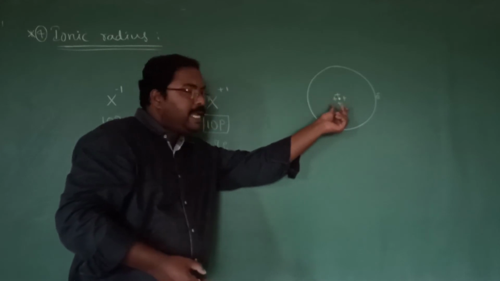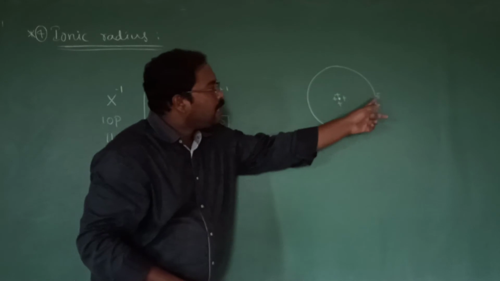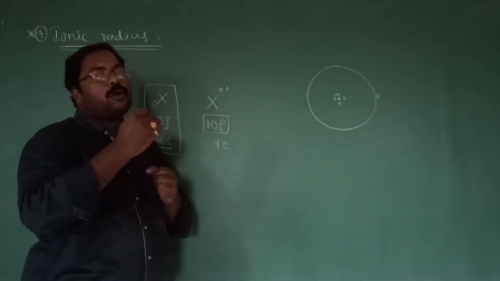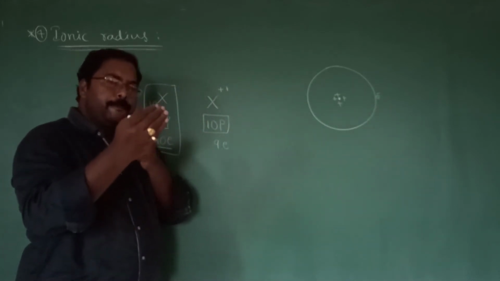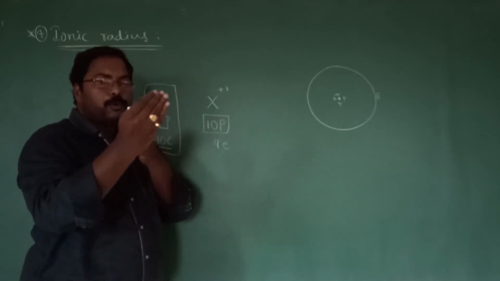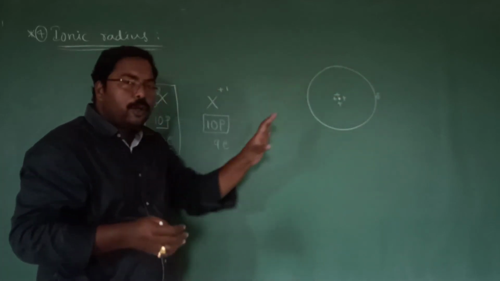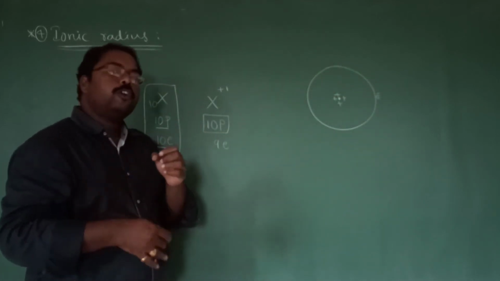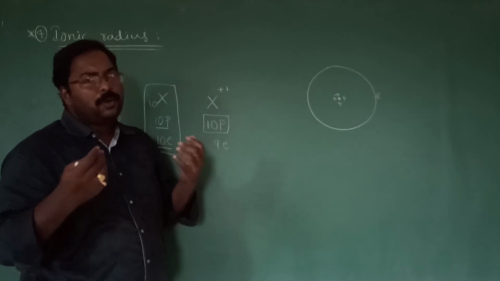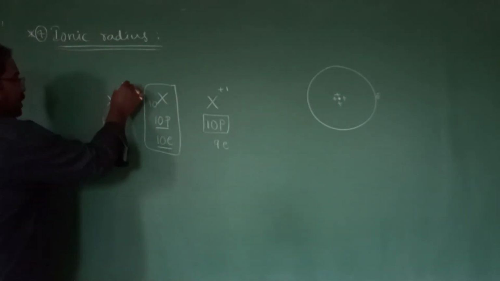Because of the high nuclear charge in the case of a cation, it attracts the electrons very strongly towards it. So the electron cloud moves somewhat closer to the nucleus. That is why atomic size decreases, and automatically the atomic radius also decreases. Now coming to the third case.